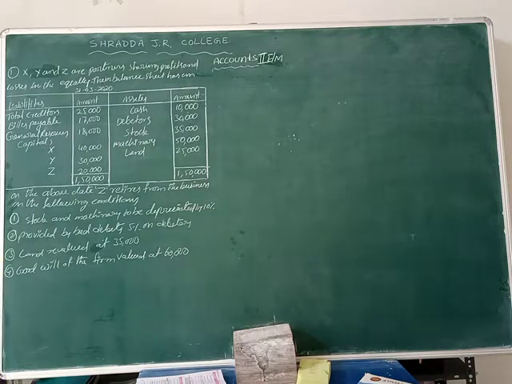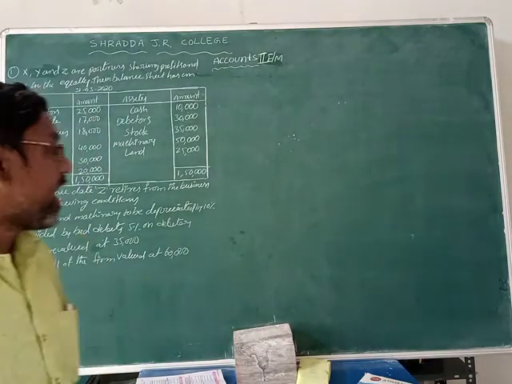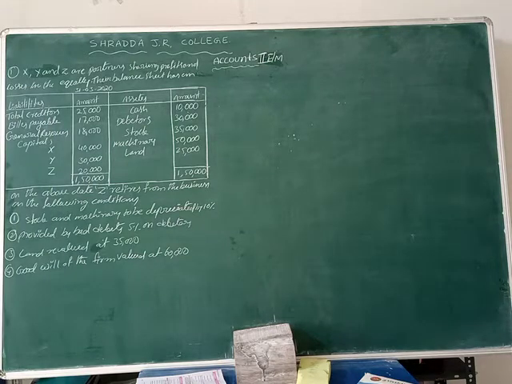Assets: cash 10,000 rupees, debtors 30,000, stock 35,000, machinery 50,000, and finally land 25,000. So liabilities are 1,50,000 rupees and assets are also 1,50,000.